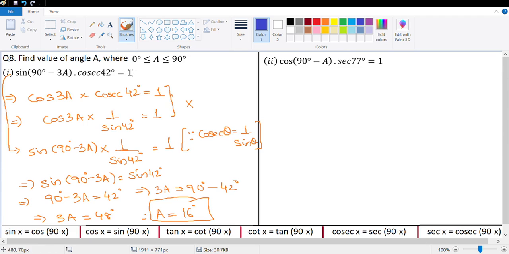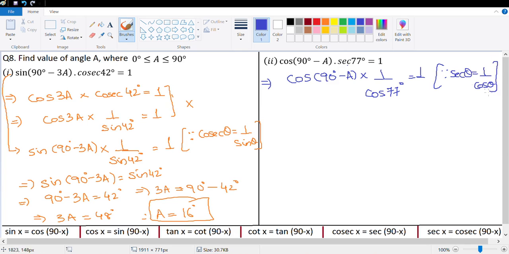Perfect. Next, cos 90 minus A multiplied with sec 77. Again, this is already reciprocal of cos, so I don't need to convert this into sine. This is cos 90 degree minus A multiplied with 1 upon cos 77 degree is equal to 1. The reason, since sec theta is equal to 1 upon cos theta.